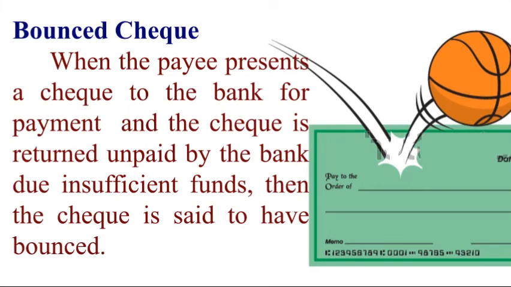Now, what is the meaning of bounced check? When the payee presents a check to the bank for payment and the check is returned unpaid by the bank due to insufficient funds, then the check is said to have bounced.